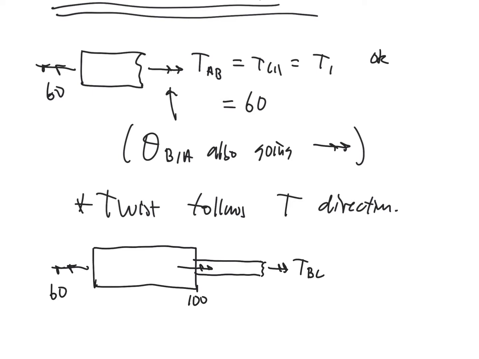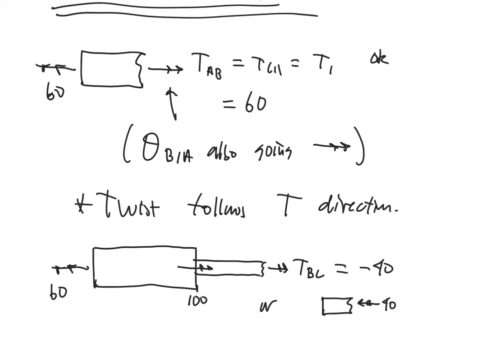So now when we do this, notice that in order to balance equilibrium on this, T_BC is a negative 40. Or we would say that the internal torque, you could also do it this way, flip the sign and write it this way.